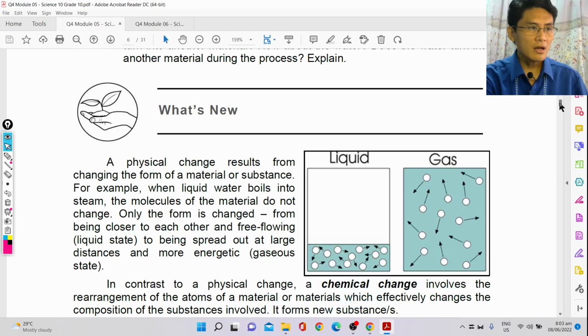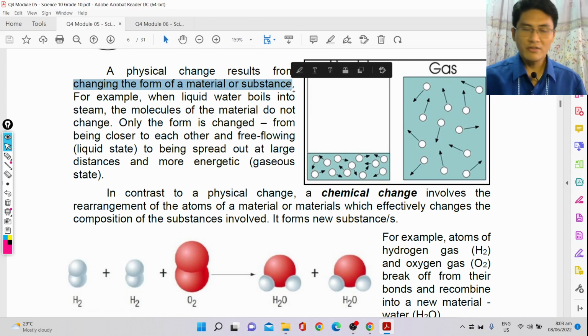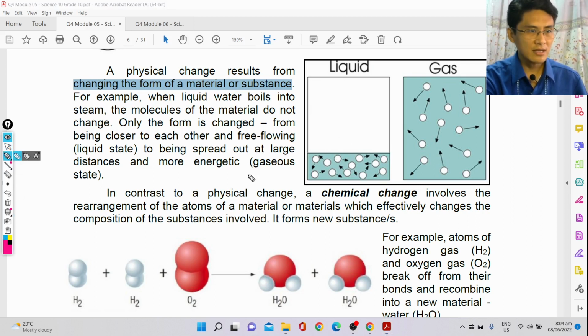So, a physical change here results from changing the form of a material or substance. So, this is important, the form. In other words, only the form is changed, not the chemical composition. For example, if you have liquid water, like here, let me direct your attention to here. This is liquid water, right?